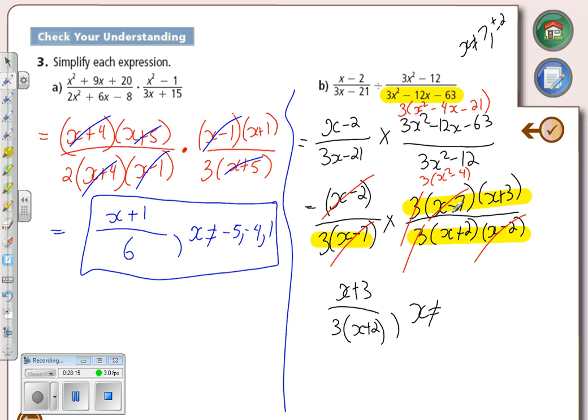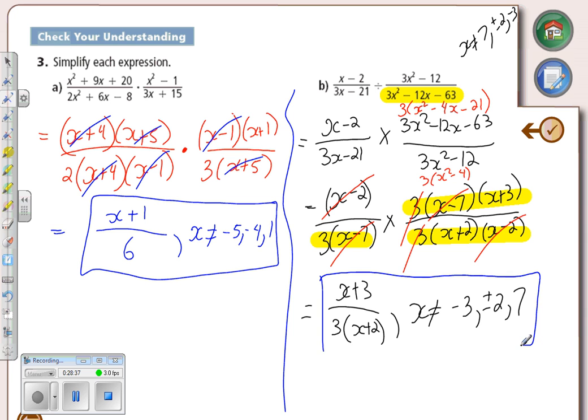And we already got that one. And this one, negative 3. Put them in a nice order there. So we can say negative 3, plus and minus 2, 7. The order really isn't a big deal. If you don't put them into an order, I'm okay with that as well. There you go.